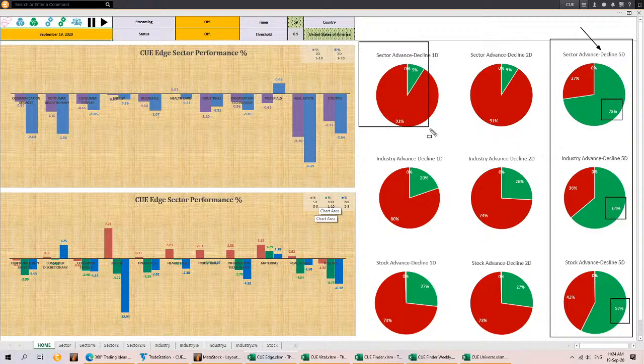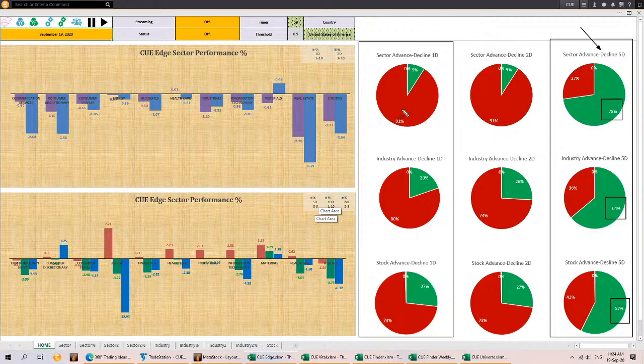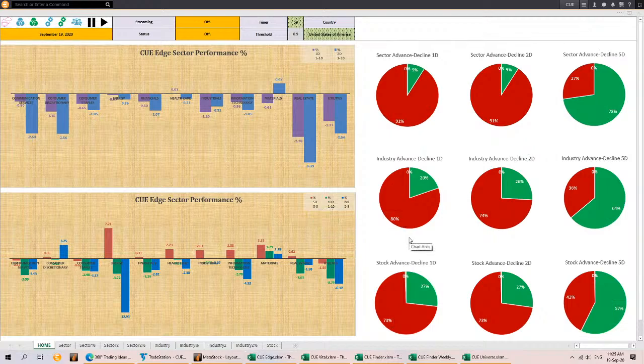And on Friday the market was bearish, and that is visible from the advanced decline on Friday. 91% of sectors, 80% of industry, 73% of stocks went down on Friday. Friday was very bearish, but again that may be the buying opportunity because market futures are at support.